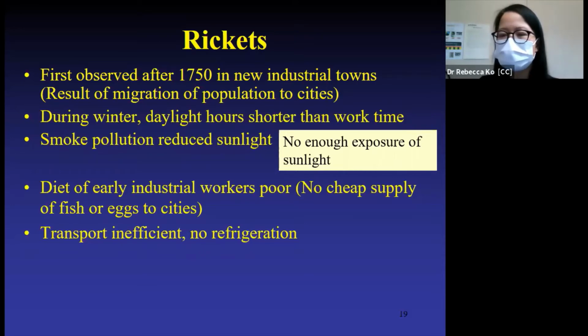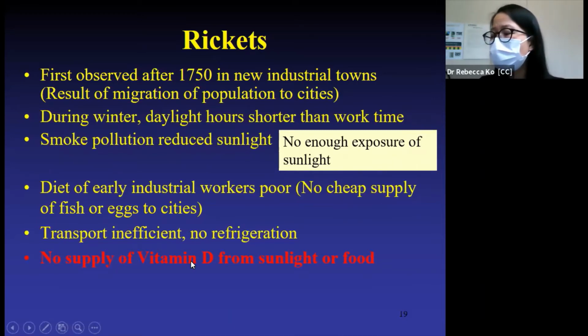Most of the workers just had to walk on foot. Due to all these reasons, they may not have had a good enough source of vitamin D from the food.